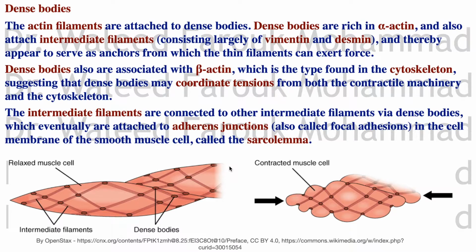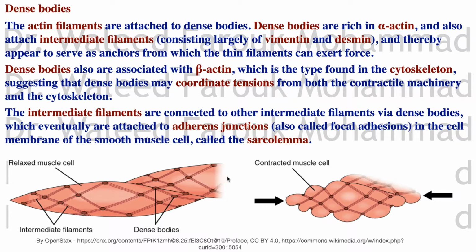The intermediate filaments, the ones you see here, are largely composed of the proteins vimentin and desmin. And so the dense bodies serve as anchors from which the thin filaments can exert their force of contraction.